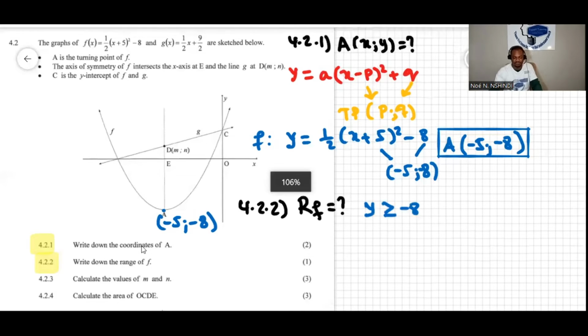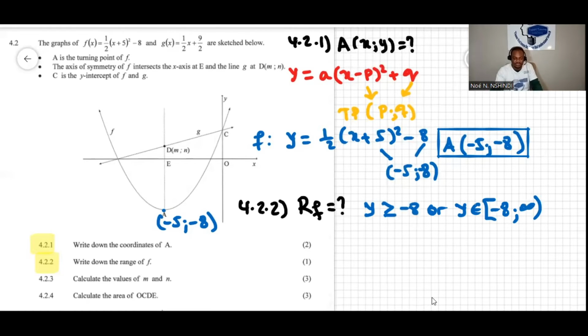Or people can say y is an element of the interval from -8 to infinity, with a square bracket at -8 and a round bracket at infinity.